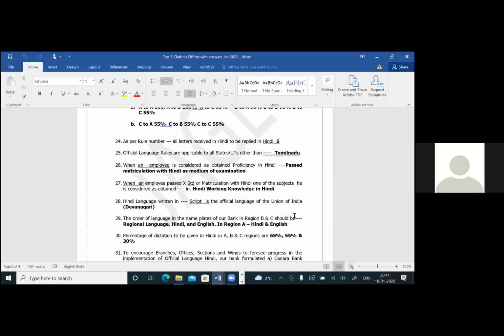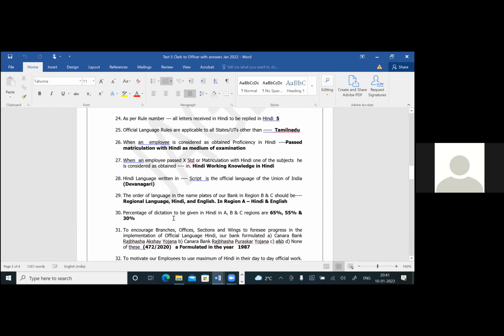Okay, the question is the order of language in the nameplates of our bank in region B and C should be: regional language, Hindi and English. In A region, it should be Hindi and English only. Percentage of dictation to be given in Hindi in A, B and C regions: 65, 55, and 30.